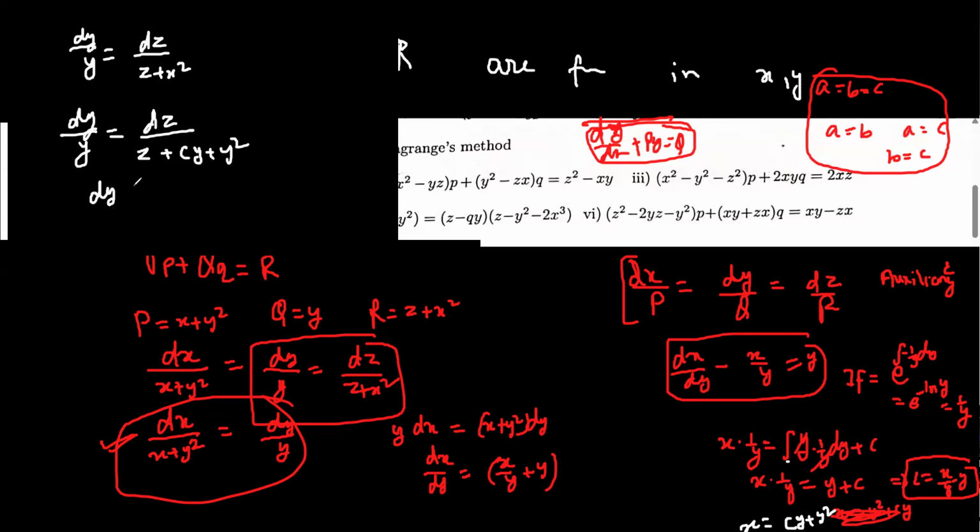Okay. Anyhow, you have to call this dy upon z plus c y plus y square whole square upon 1.